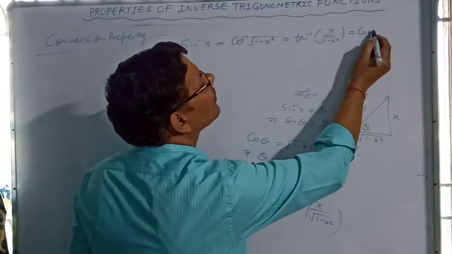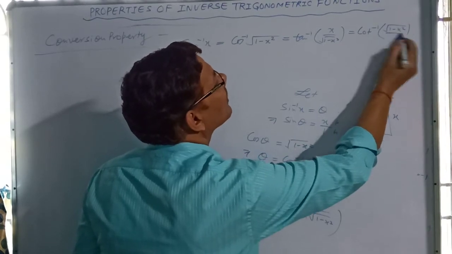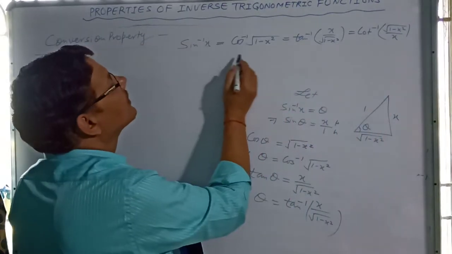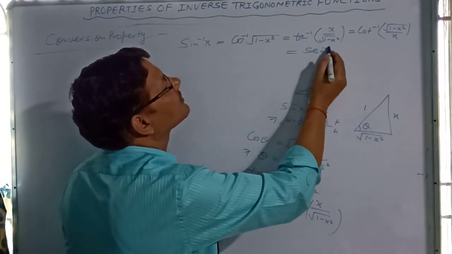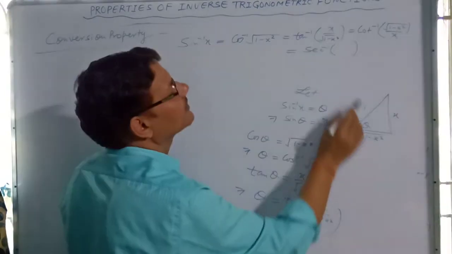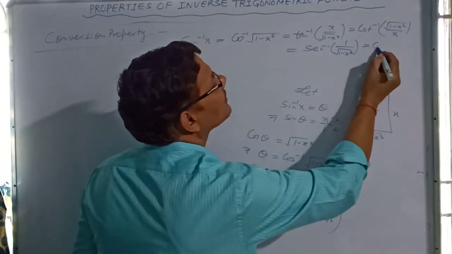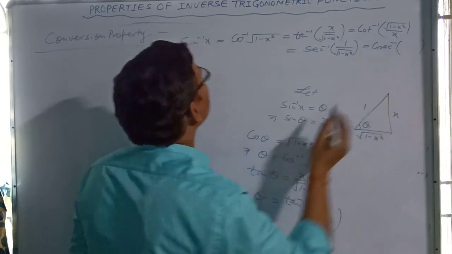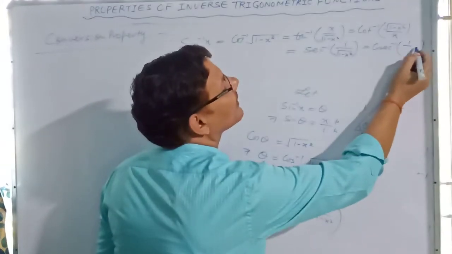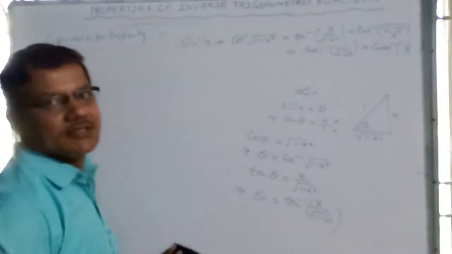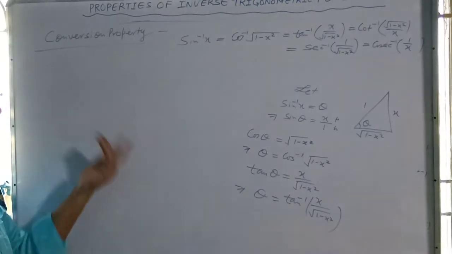It is equal to cot inverse of root over 1 minus x square by x. It is also equal to sec inverse of 1 by root over 1 minus x square. It is equal to cosec inverse of 1 by x. These properties are called conversion properties, and we use them.